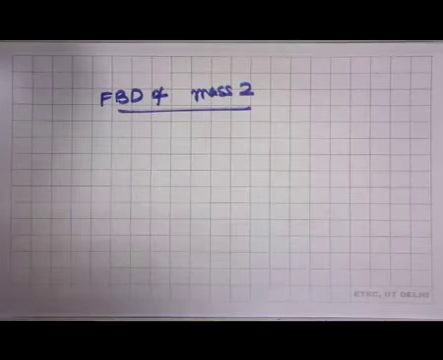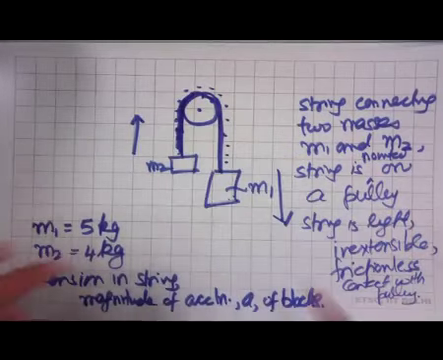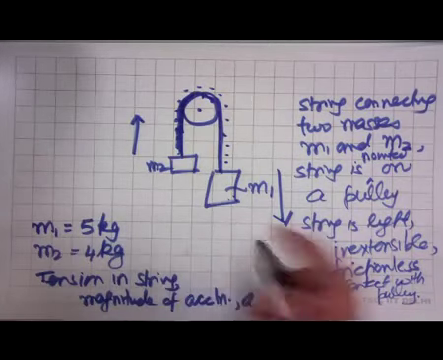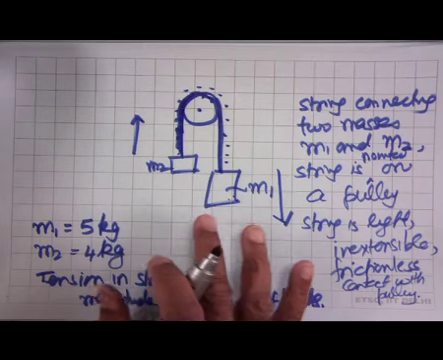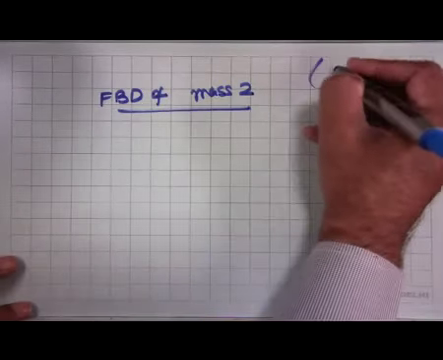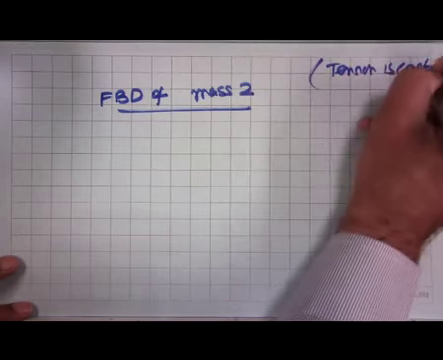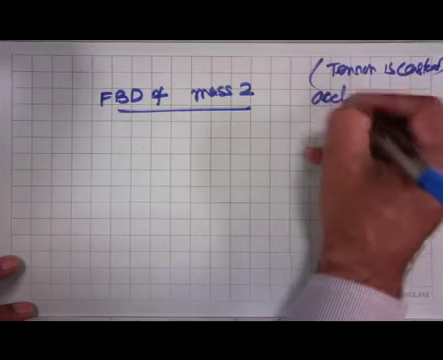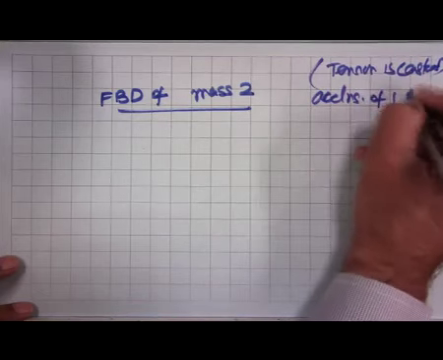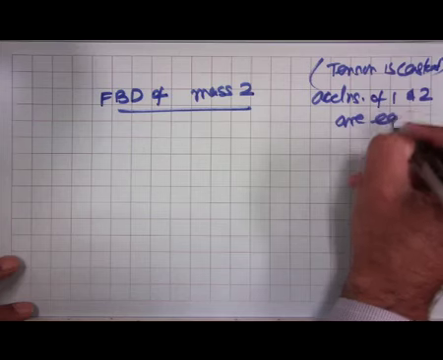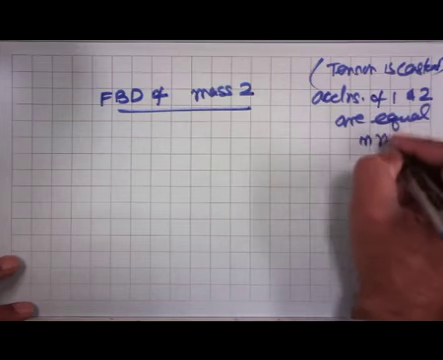But before that, we realize another thing: because the string is inextensible, the magnitude of acceleration of 1 and 2 will be equal. So, these are the two principles we have in mind, that tension is constant and accelerations of 1 and 2 are equal in magnitude.